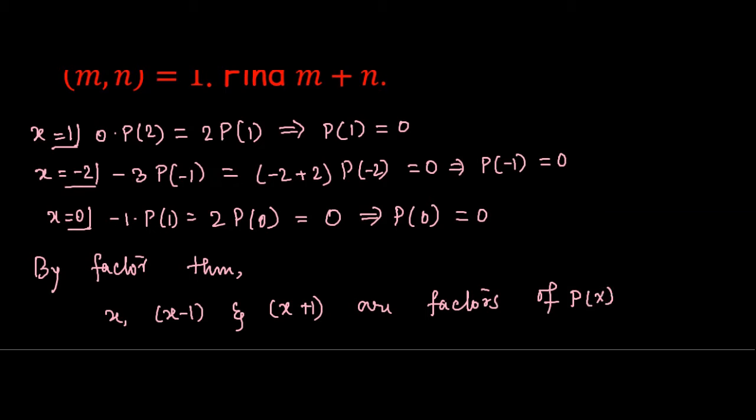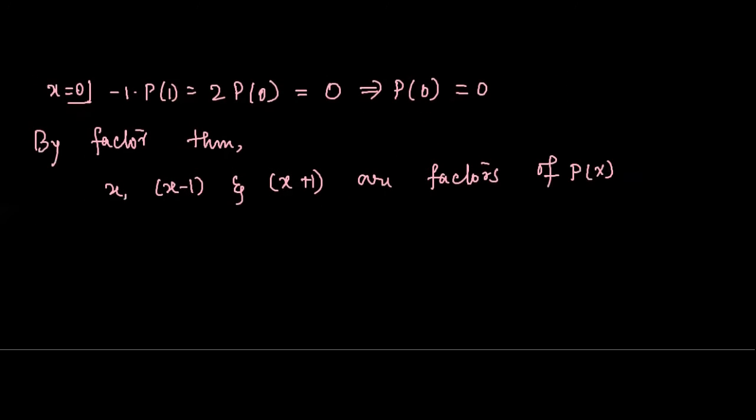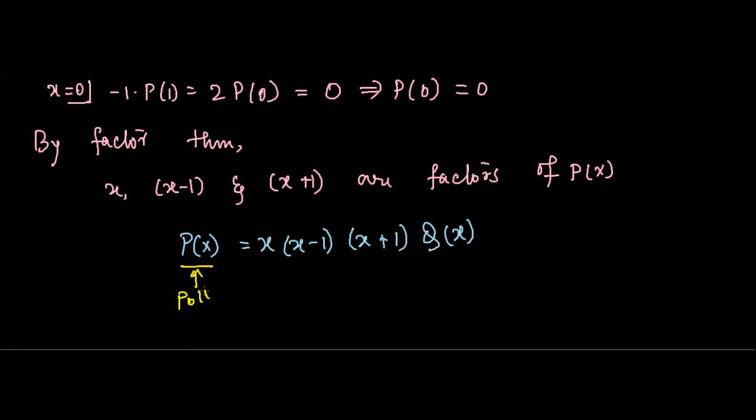Since x minus 1 and x plus 1 are factors of p of x, and also x, we can write p of x as x times x minus 1 times x plus 1 times q of x. Now since p is a polynomial and this is also a polynomial, q of x must be a polynomial also.